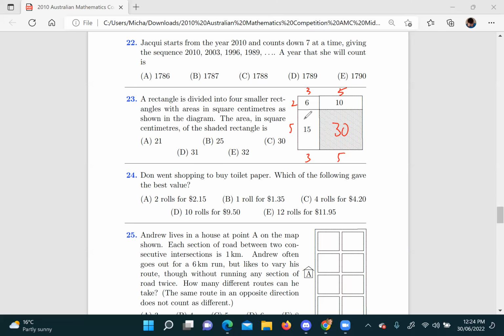See, in this case the area would actually be 25, right? What if instead of taking 2, you divided it by something crazy like 10, right?